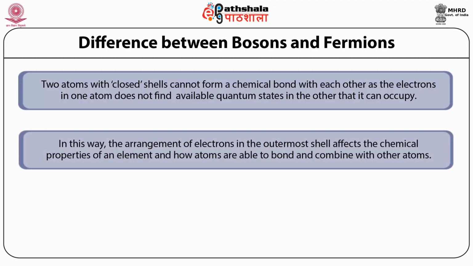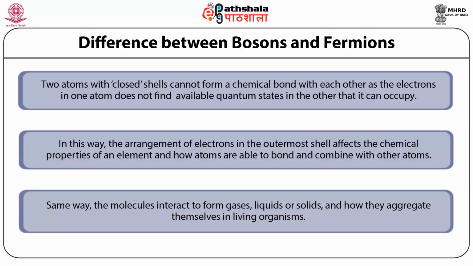In this way, the arrangement of electrons in the outermost shell affects the chemical properties of an element and how atoms are able to bond and combine with other atoms. In the same way, molecules interact to form gases, liquids or solids, and aggregate themselves in living organisms.